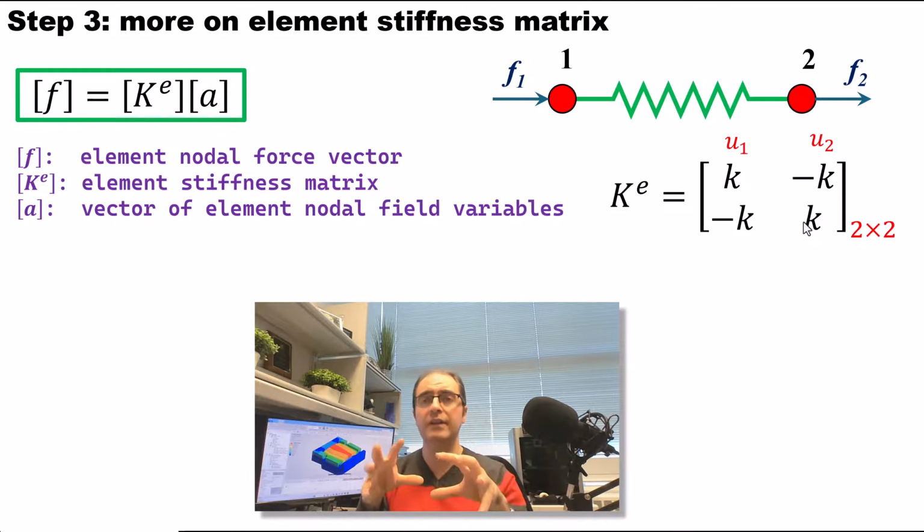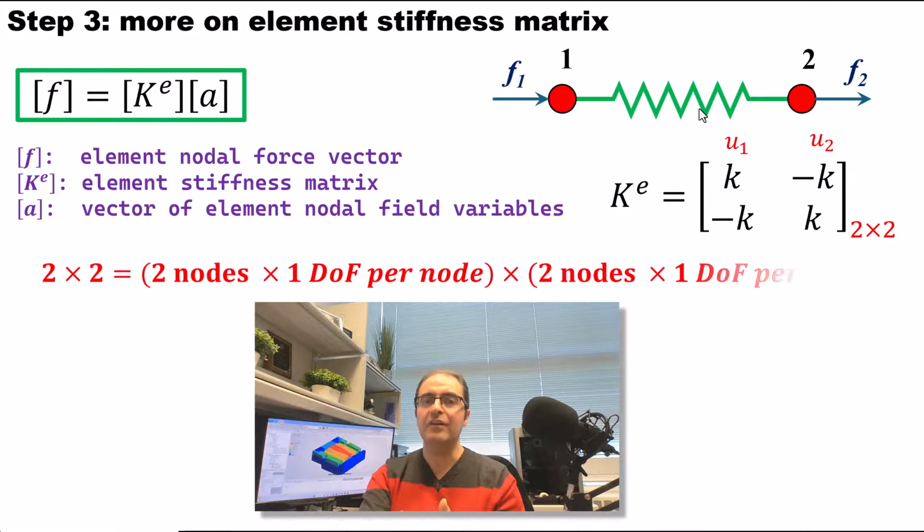We will be using this in the next slides. And this matrix, by the way, is 2 by 2. It is very important that you understand how we can possibly guess the size of the stiffness matrix, knowing how many degrees of freedom one element has. The formula is this. Here we have 2 by 2 because we have 2 nodes and each node has 1 degree of freedom, and because of that in total we have 2 degrees of freedom, and then we have 2 by 2.